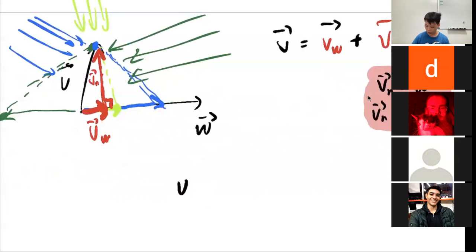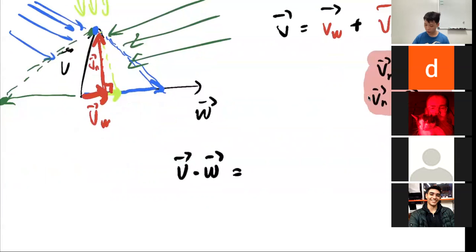So when you apply the dot product of v with w, with the property of dot products, you can distribute the dot product separately. And as you can see, this part is 0. Let's observe this too, right? Because this v_w is a projection on the vector w, they have the same direction.